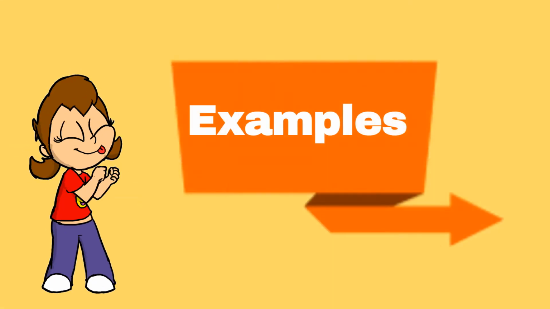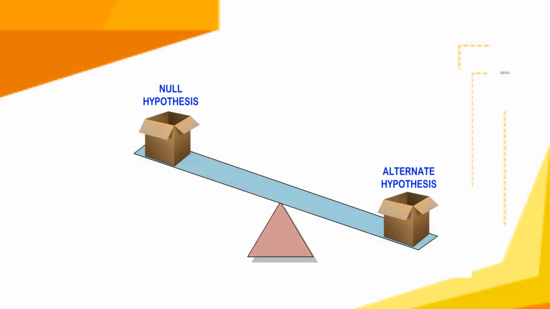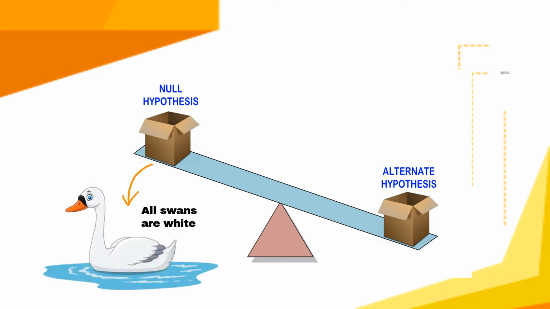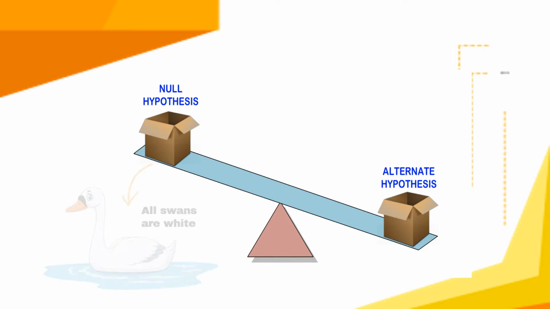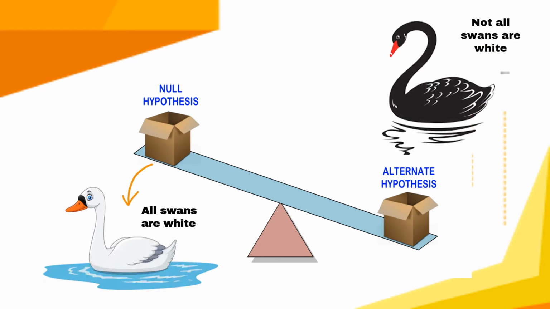Now, let me give you an example. An inferential statistic is something that can't be proven to be true. For example, the null hypothesis is all the swans are white. But we can disprove the null hypothesis by finding an exception, by saying not all the swans are white, since we have black swans too. So that will be the alternative hypothesis.